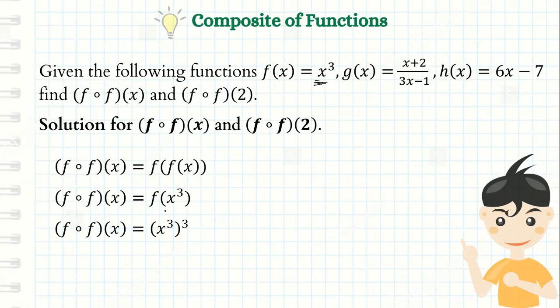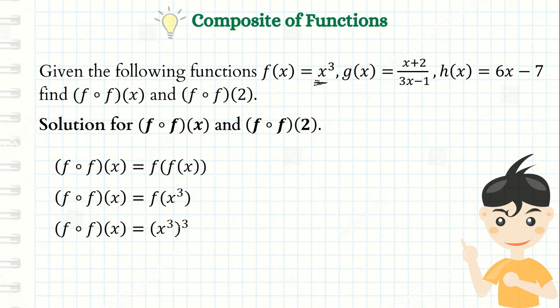Once we've replaced x, don't forget to indicate the exponent. Since we have an exponent in the given, it can't disappear. Again, what we're doing is just substituting the second function into the exponent of the first function.